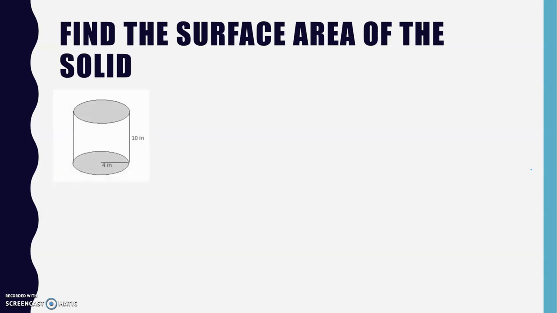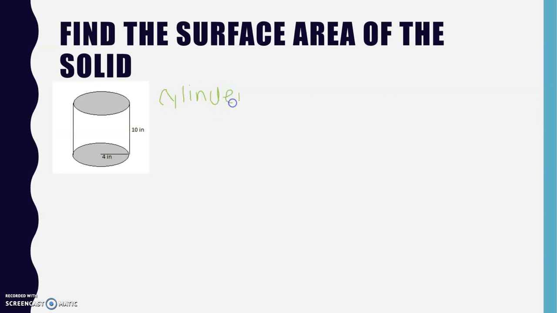And then for the next one, this one is going to be our cylinder example. And with this one, I'm going to go through it the same way that I did with the other one. So break it apart where the addition sign is.